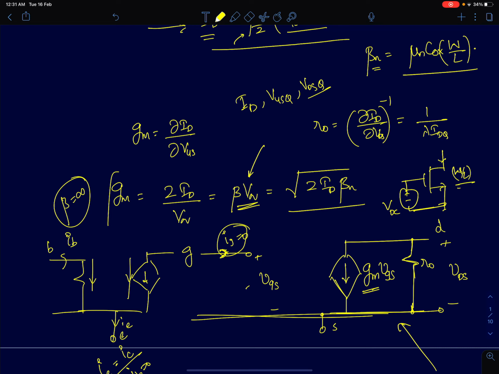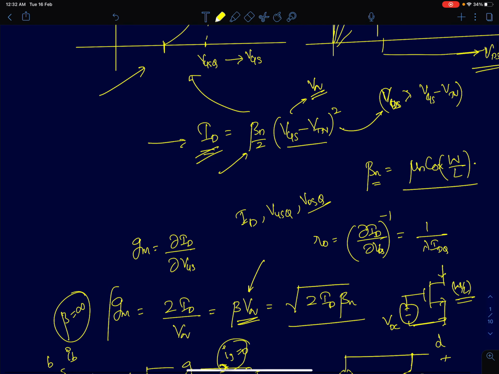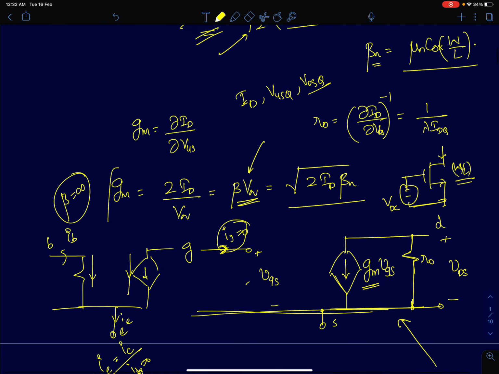We can directly see that from the equation itself, ID = βn (VGS − VT)²: if I double W/L, ID is also going to increase. So the slope of that curve will also increase by a factor of 2. We very briefly discussed all these things in the previous lecture, so I'll not talk much about that now.